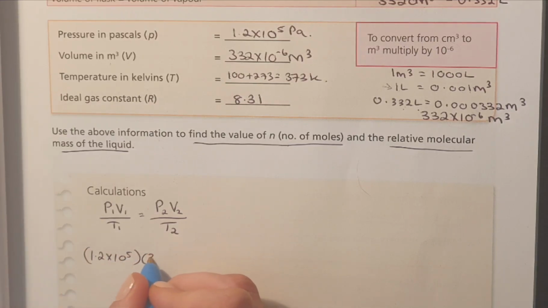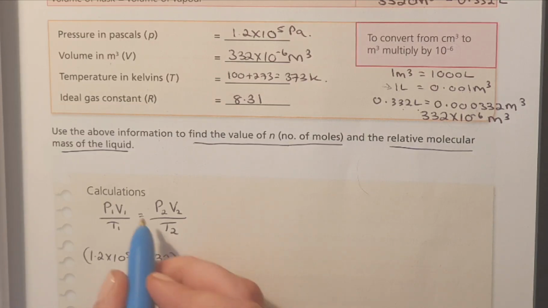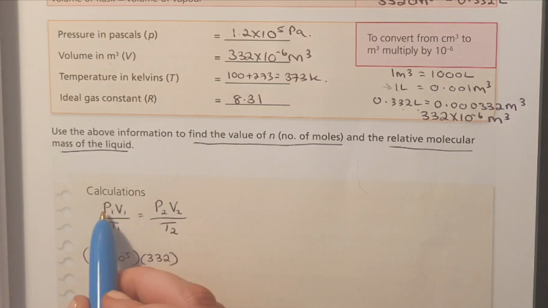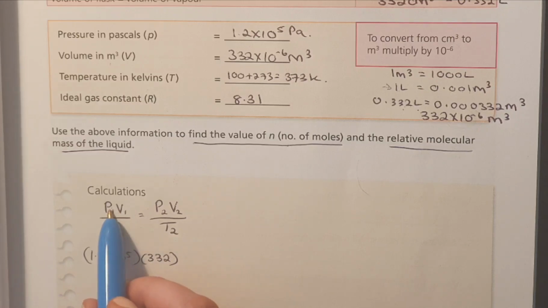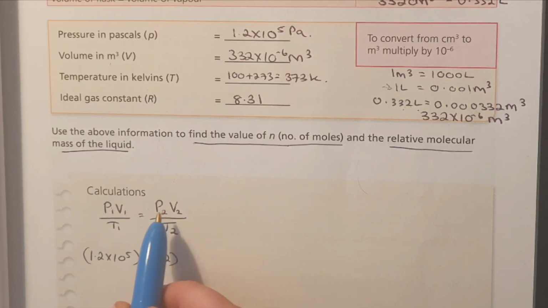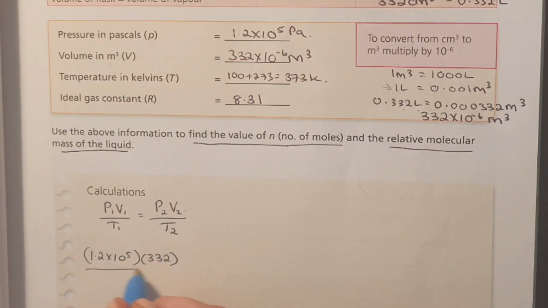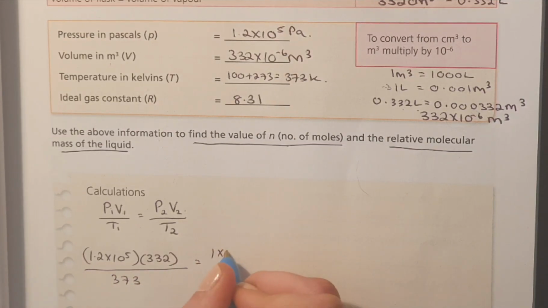The volume, I'm just going to leave it as 332 centimeters cubed. This formula here doesn't matter what the units are as long as they're the same. So if it's pascals this side, it has to be pascals this side. If it's centimeters cubed this side, it has to be centimeters cubed this side. And the temperature always has to be in Kelvin.